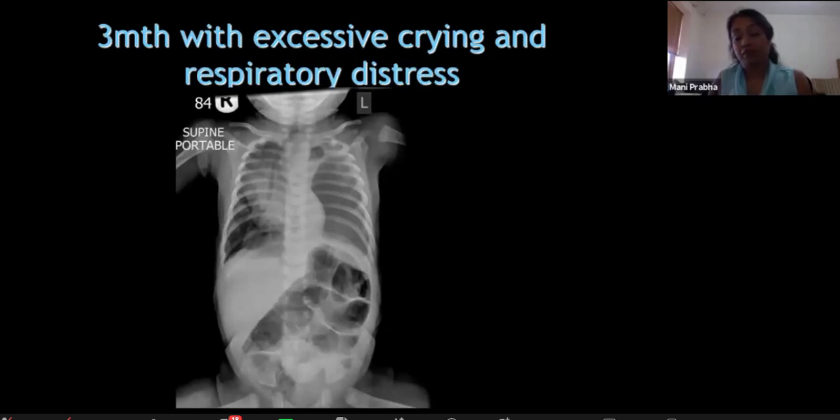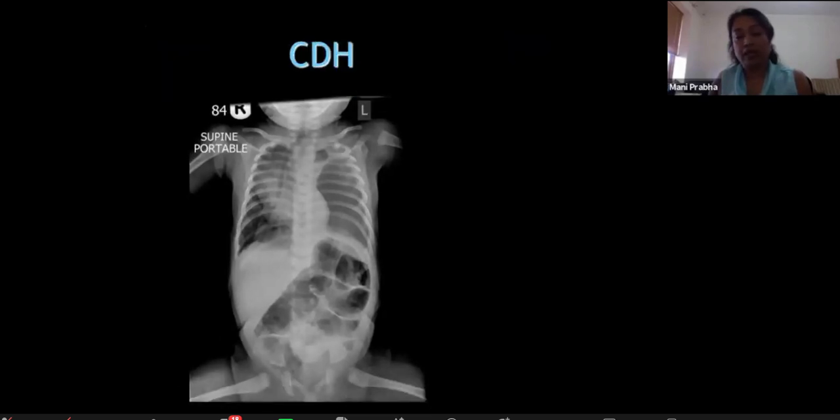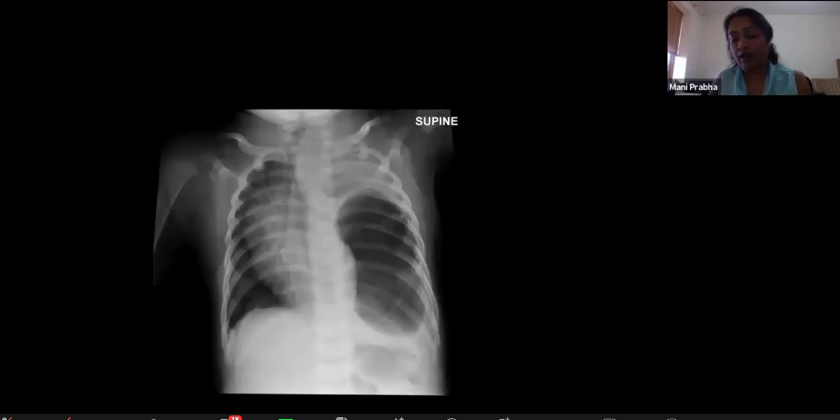So there was no indication in the antenatal ultrasound. Usually they are detected antenatally nowadays, but there was no indication, and this child presented at the age of 3 months. Quite confusing, but that's how we proceed: suspect diaphragmatic hernia, auscultate, do an ultrasound scan, and then put in an NG tube and insufflate some air.